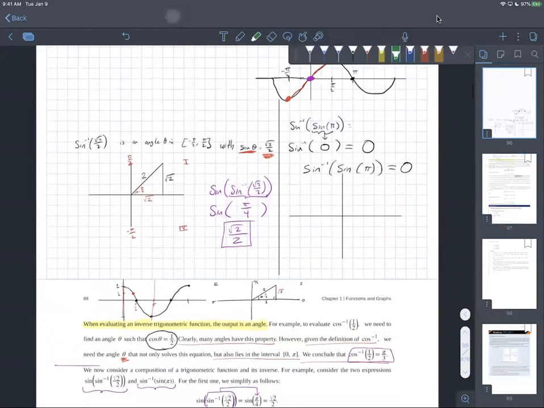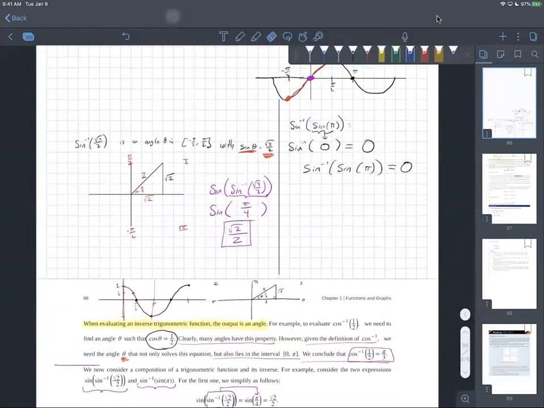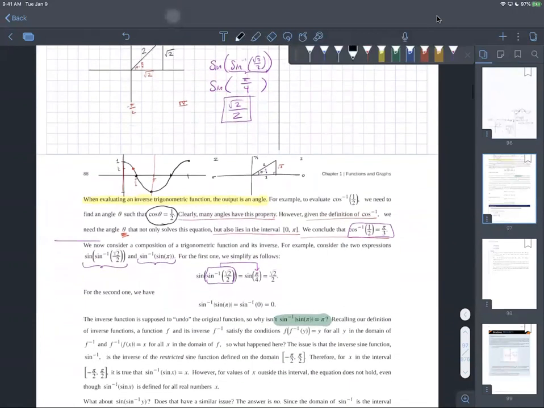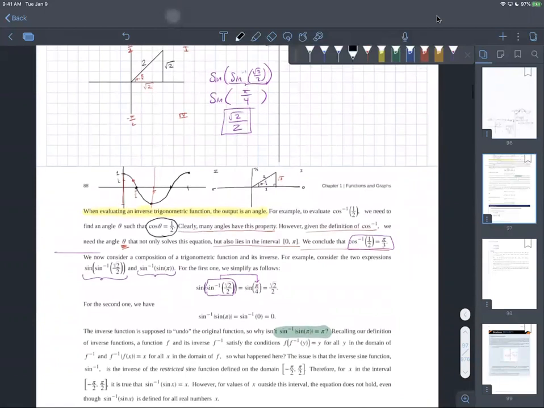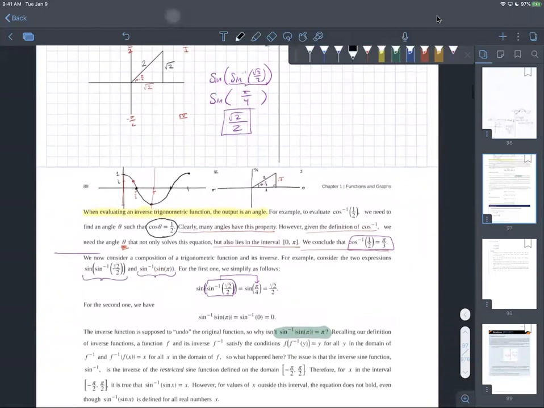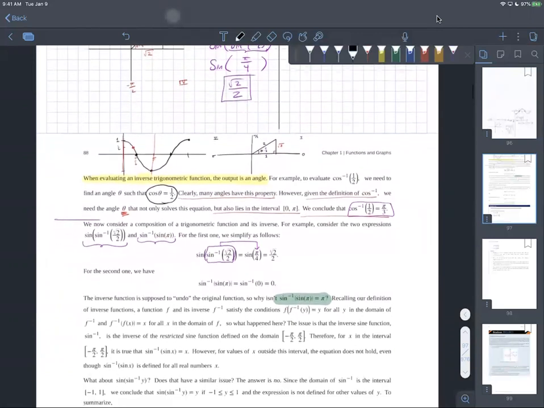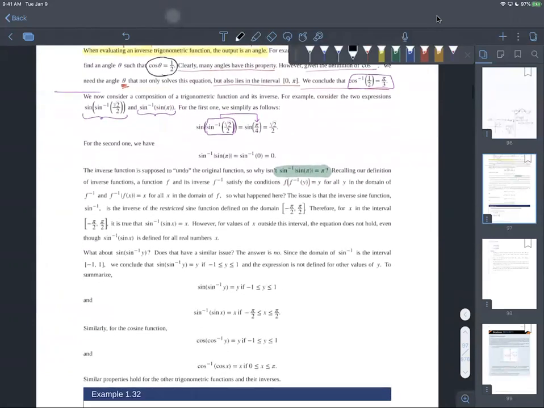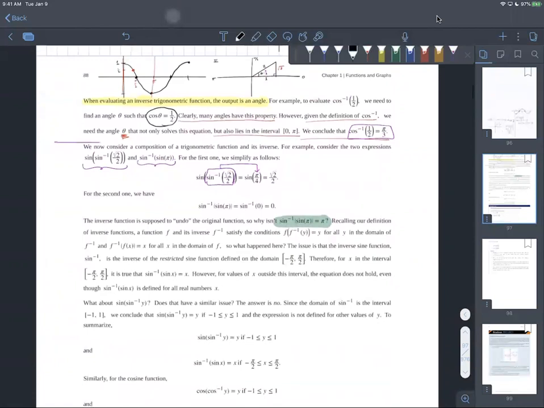Let's try to break this down a little bit. It says, recalling our definition of inverse functions, a function f and its inverse f inverse satisfy the conditions here. f of f inverse of y is equal to y for all y in the domain of f inverse.